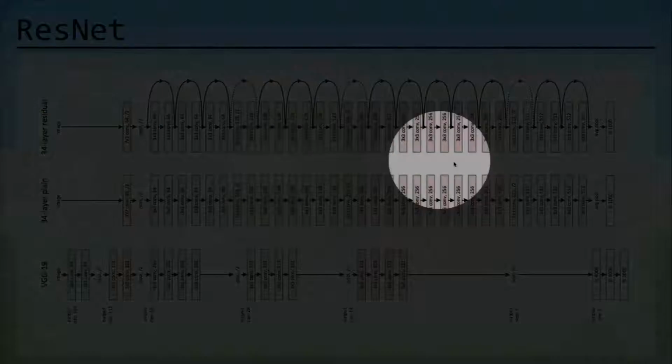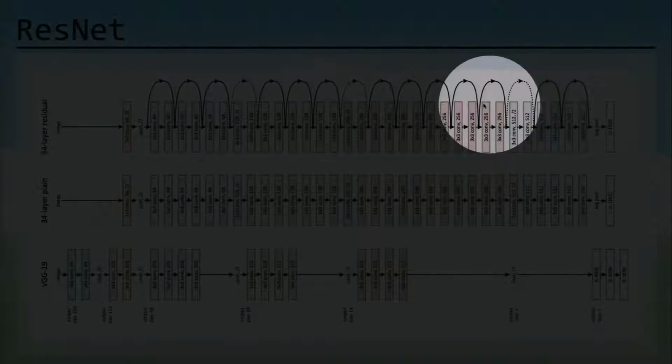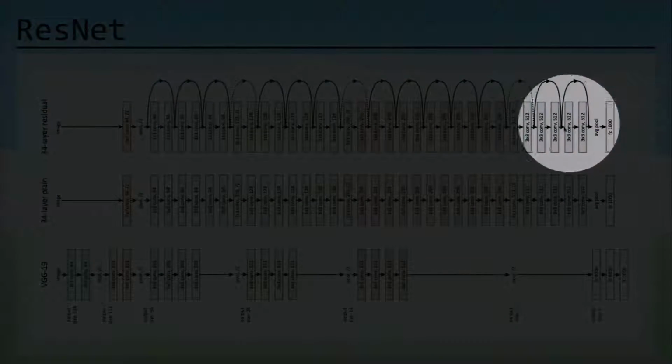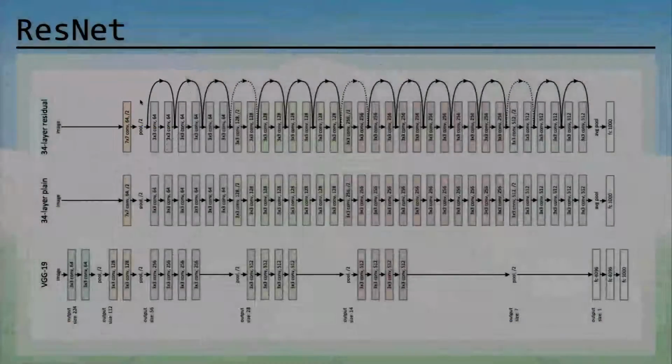So if you have some gradient all the way at the end, it gets backpropagated all the way up through just a bunch of identity functions. And you're ensuring that if you have some gradient at the end, you're going to backpropagate something up to the beginning. It might not be particularly meaningful, but it ensures that you're going to get information back to the beginning and you don't suffer from this vanishing gradient that we had earlier.